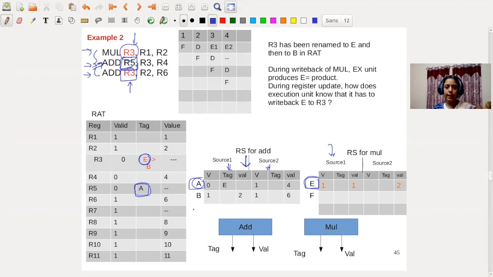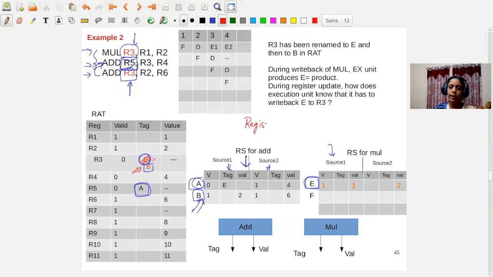It is going to get issued here to the second reservation station for add, which is B, and its destination R3 is going to be now renamed to B. So although I'm showing E and B here, what actually exists is only B, which means the latest name for R3 is B.